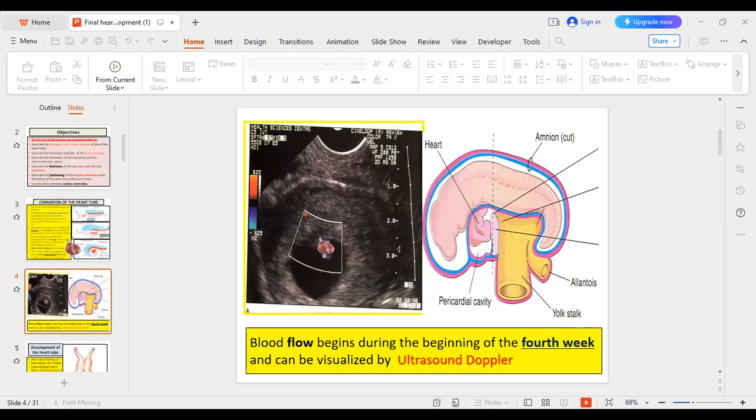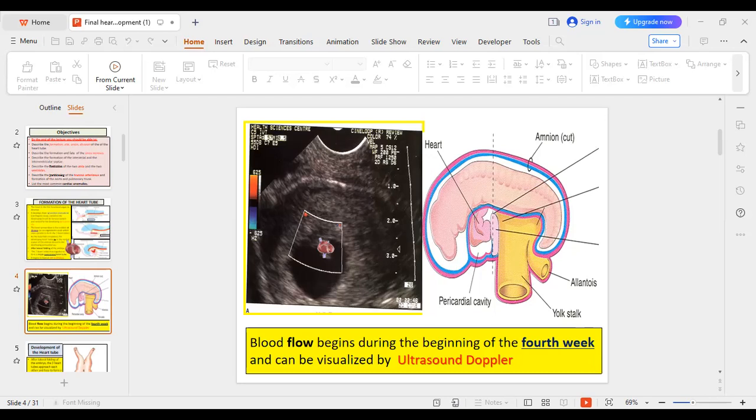Two endocardial cushions are formed on the dorsal and ventral walls of the atrioventricular canal. The endocardial cushions approach each other and fuse to form the septum intermedium.